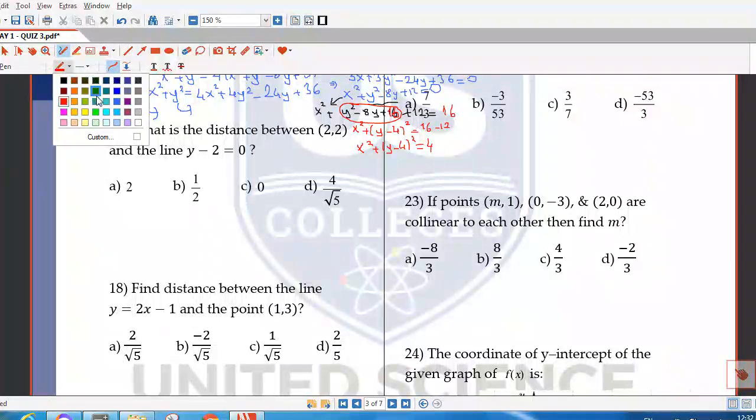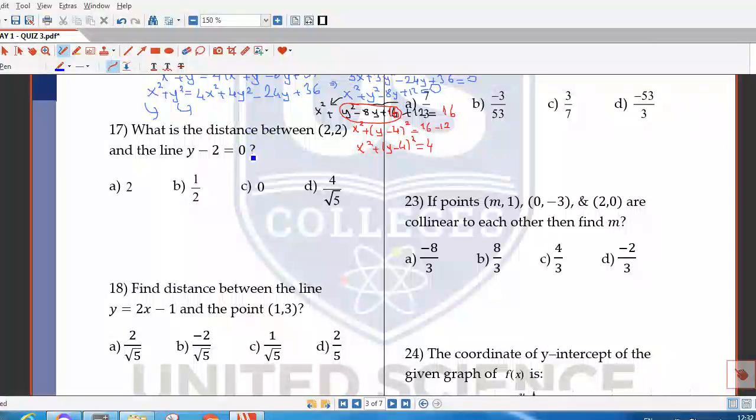Question 17. The question is about distance between a point and a line. But if I pay attention, only y is a special case. So I can write y is equal to 2, which is a horizontal line. If you have a special case, what do I mean? If you have a horizontal line or vertical line, you may give up using the formal methods.